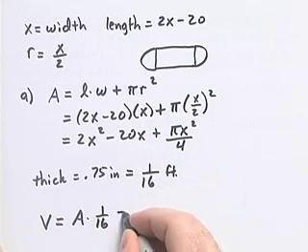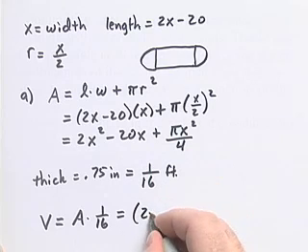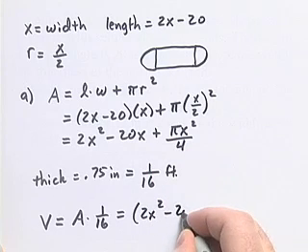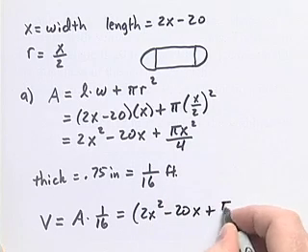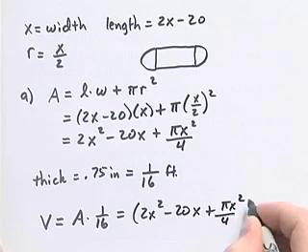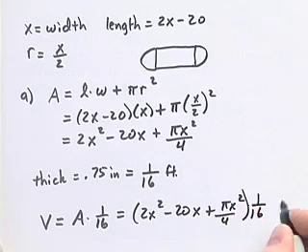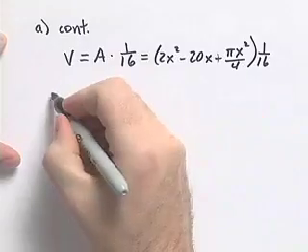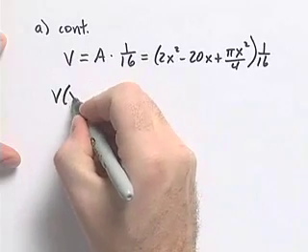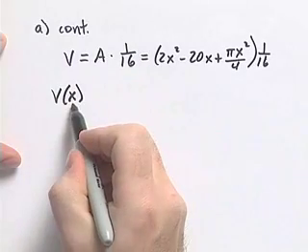So the area times 1/16, we'll have 2x squared minus 20x plus pi x squared over 4, all of that times 1/16. Now that we've written an expression for our volume, we want to write it in function notation, since the problem asks us to write a function. Here's our expression. In function notation, we're going to write V of x, so we see that the volume is a function of x.